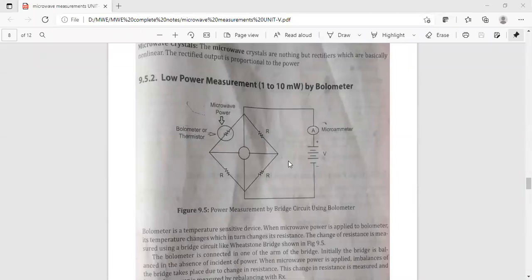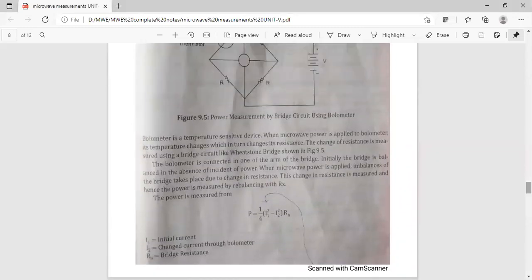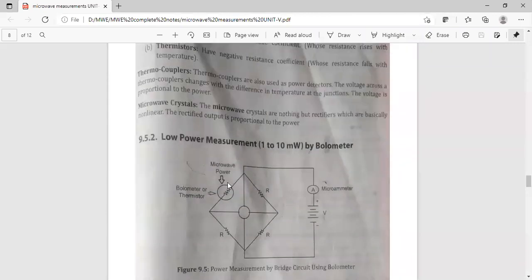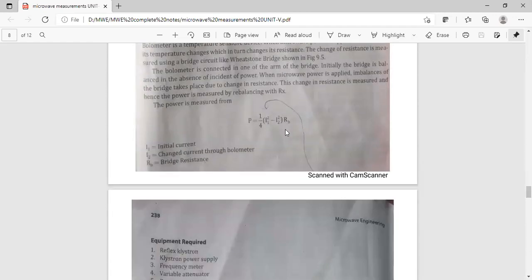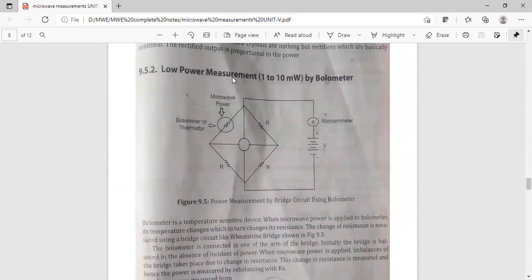Okay, so this formula is used to measure the power. Let us consider I1 and I2 as the currents flowing through this bridge. We have an ammeter here. Using this formula, we can calculate RB, the thermistor resistance.